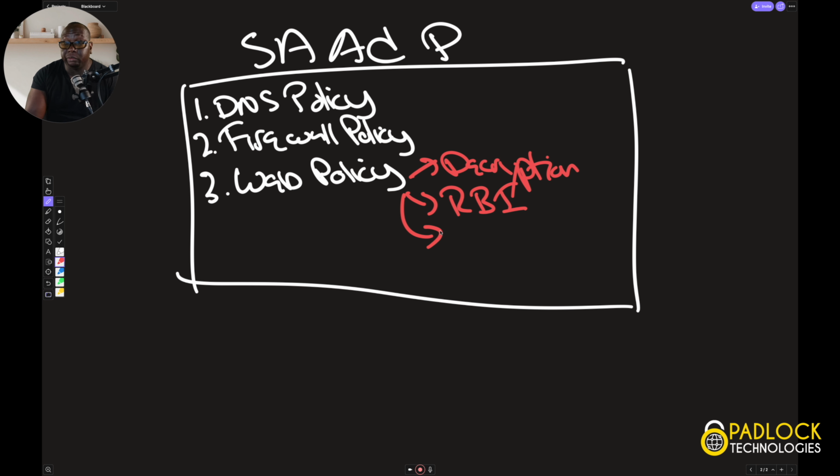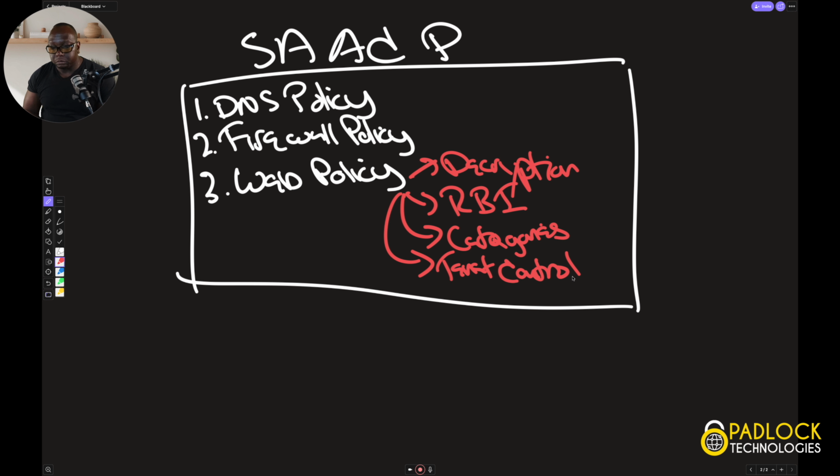I believe, if memory serves me correctly, there are categories that you can put in the web-based policy. There are tenant control policies that you can put in there. There's a whole bunch of policies that you can put in here.